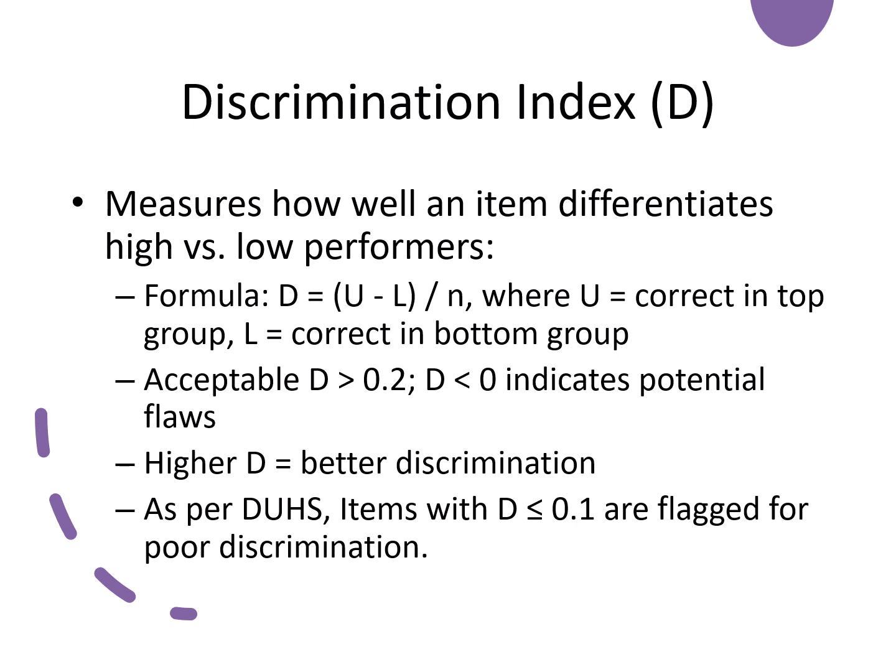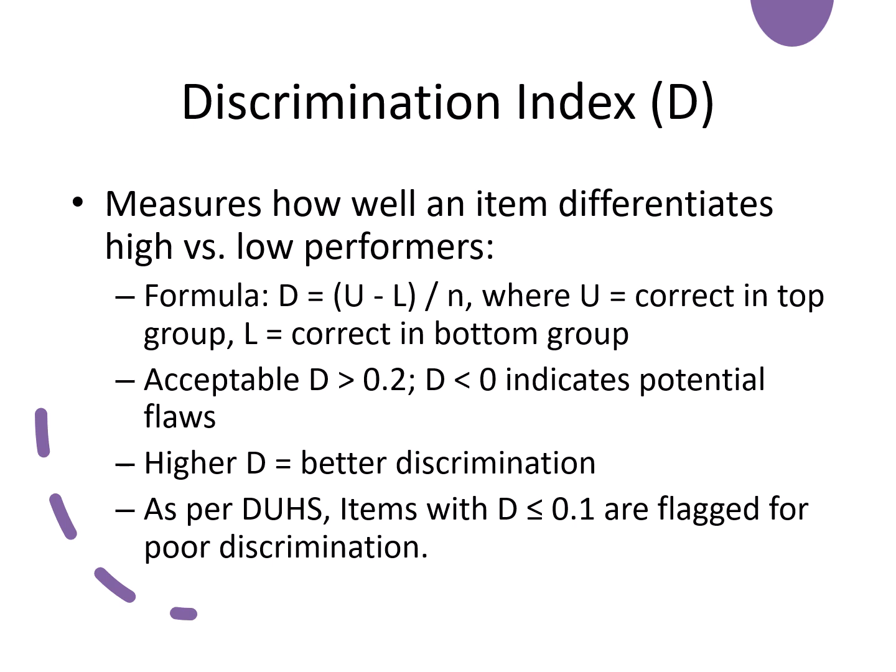The acceptable range of discrimination index D is more than 0.2, while less than 0.0 indicates potential flaws. The higher the D value, the more the items are discriminating between high achievers and low achievers.